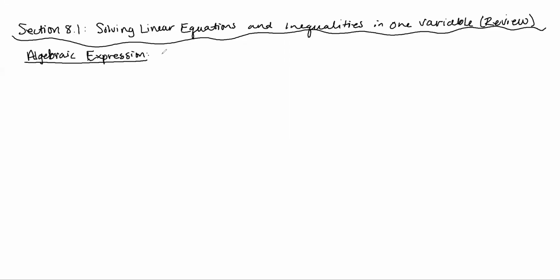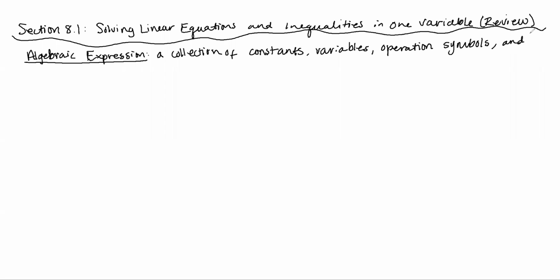So an algebraic expression is a collection of constants, variables, operation symbols, and/or, so it doesn't have to have all of these, grouping symbols. And this is exactly like we've seen before.